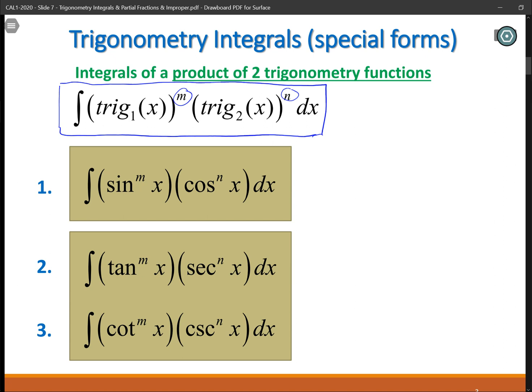Sine, cosine, tan, secant, cosecant, cotan. So we are talking about 6 possible functions here. And then for trig 2, it can be any of the rest of the functions. So if you pick one, then trig 2 can be any of the remaining 5, which means that we are talking about 30 variations of this form.